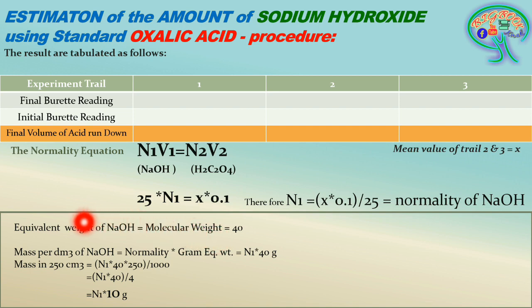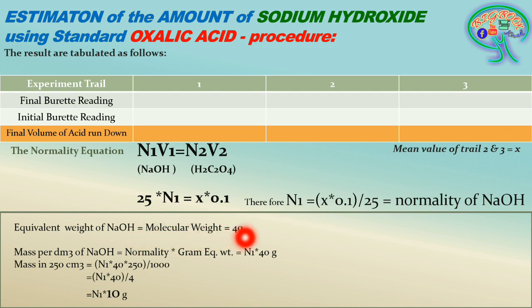So in the sense, we are going to consider the equivalent weight of sodium hydroxide here, which is equal to the molecular weight of the sodium hydroxide, that is 40. So this molecular weight of the sodium hydroxide is considered to be the gram equivalent weight. It will be multiplied with the normality of the sodium hydroxide.